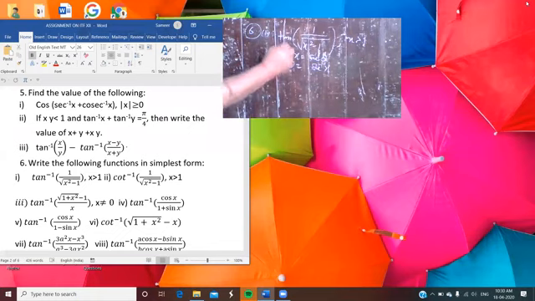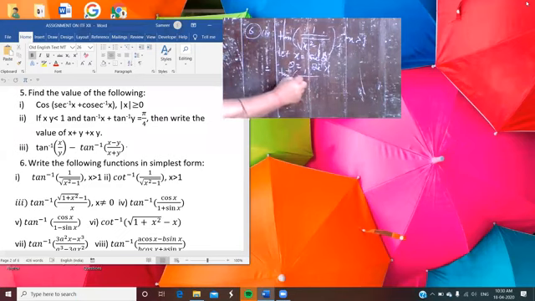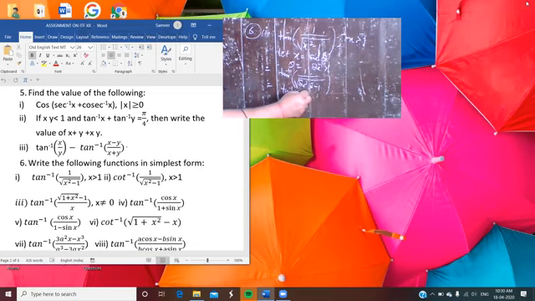So your function becomes tan inverse 1 upon under root sec square theta minus 1. And you know sec square theta minus 1 is tan square theta. So that is equal to tan inverse 1 upon root of tan square theta, so you have tan inverse 1 by tan theta.